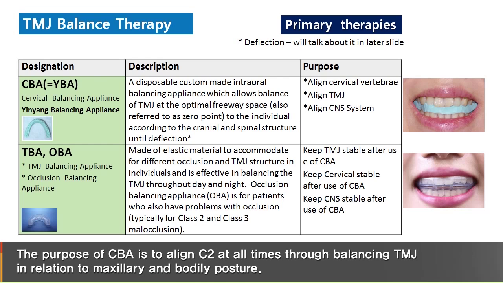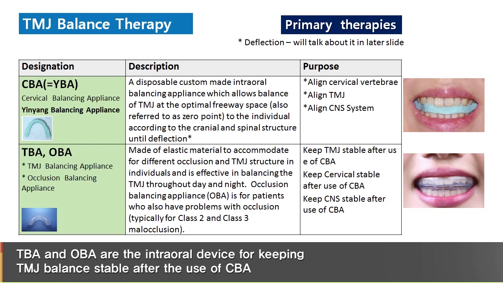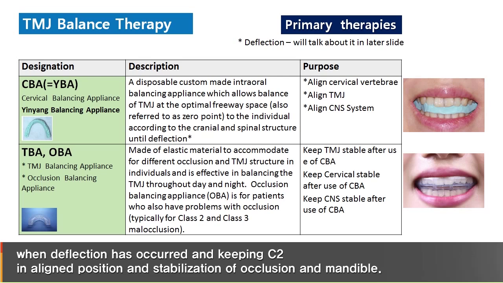The purpose of CBA is to align C2 at all times through balancing the TMJ in relation to maxillary and bodily posture. TBA and OBA are intraoral devices for keeping the TMJ balance stable after the use of CBA when deflection has occurred, keeping C2 in an aligned position and stabilizing the occlusion and mandible.